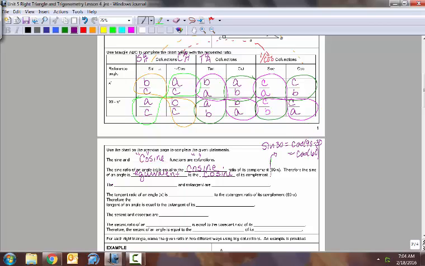Okay, the blank and the cotangent. So the tangent and the cotangent are co-functions. The tangent ratio of an angle, so we'll call x, is equal to the cotangent ratio of its complement, 90 minus its value.